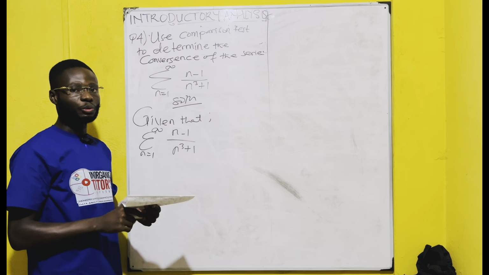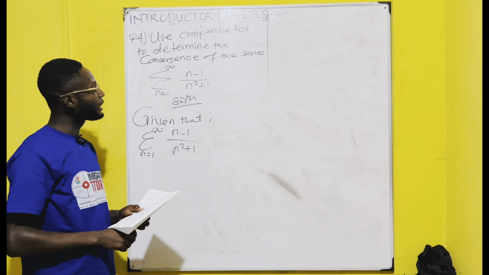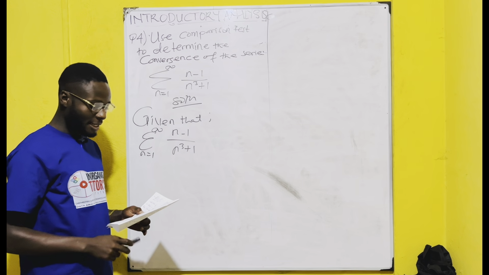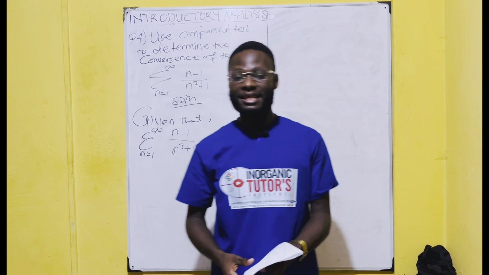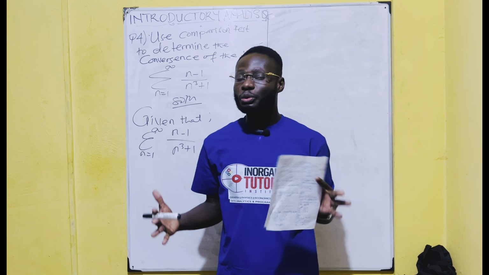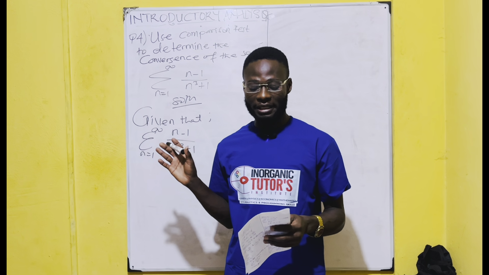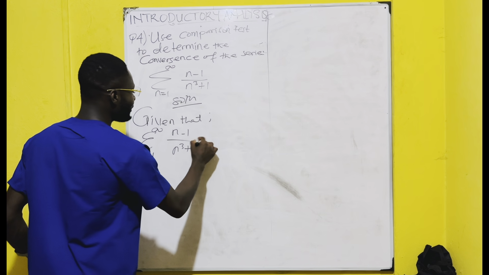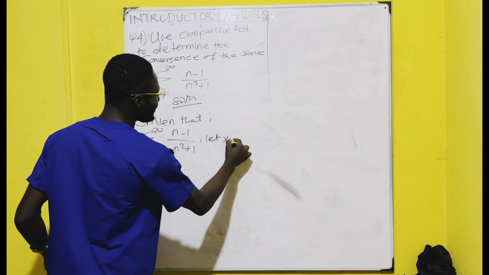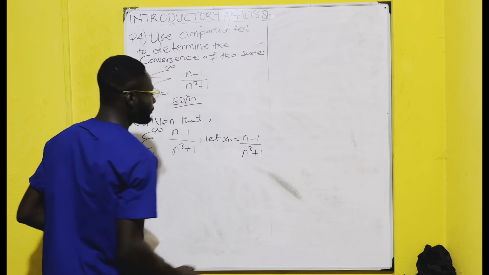the summation from n equals 1 to infinity of n minus 1 divided by n cubed plus 1, then we can say that we have to let Sn represent the function that we have been given, right?